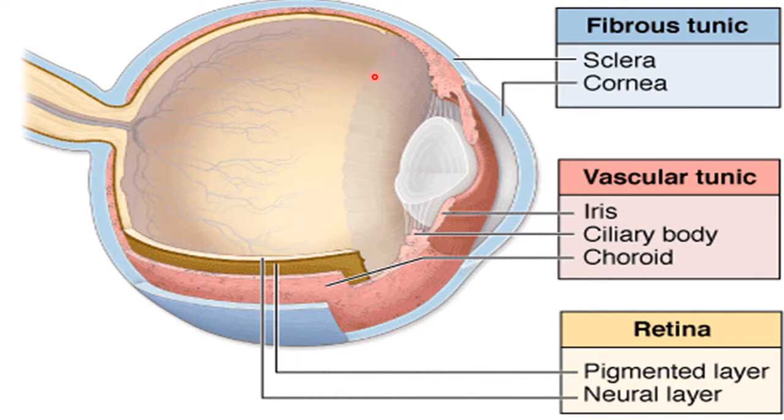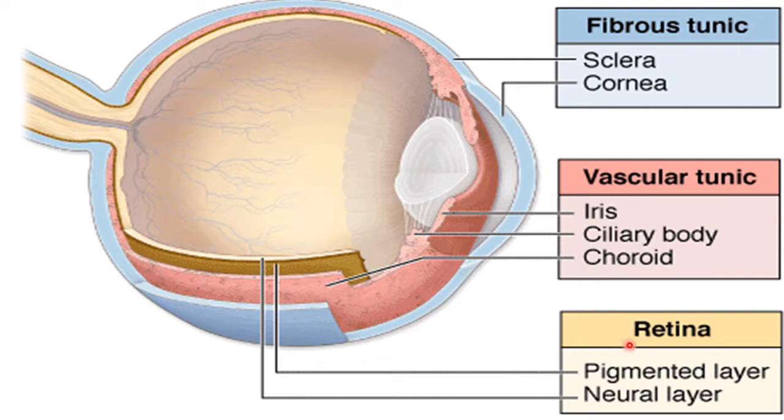You can see easily that beyond the ora serrata, which is the anterior margin of the sensory portion of the retina, the choroid expands and widens to form the ciliary body, and more anteriorly it makes up the iris, a diaphragm-like structure with an aperture in the center, which is the pupil. So this is the iris and ciliary body.